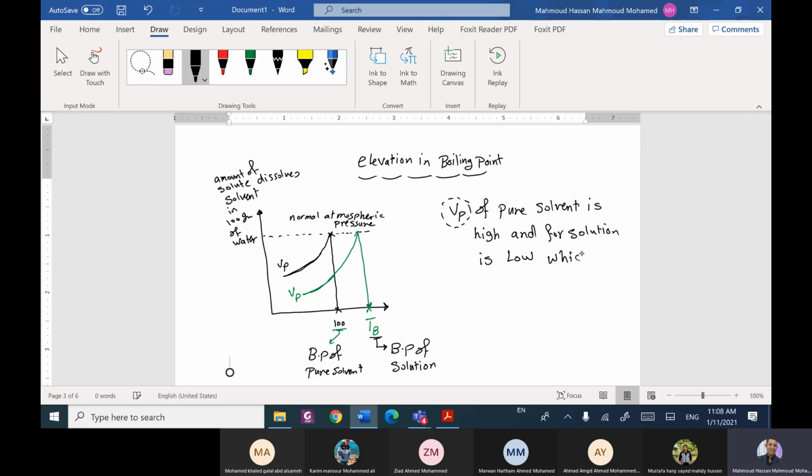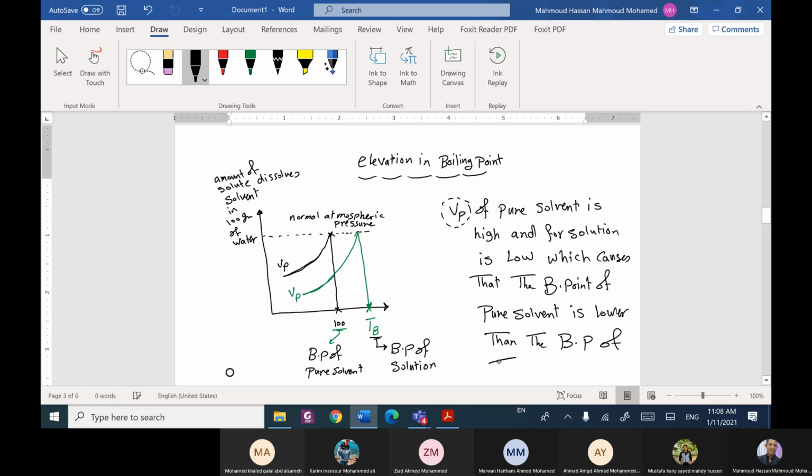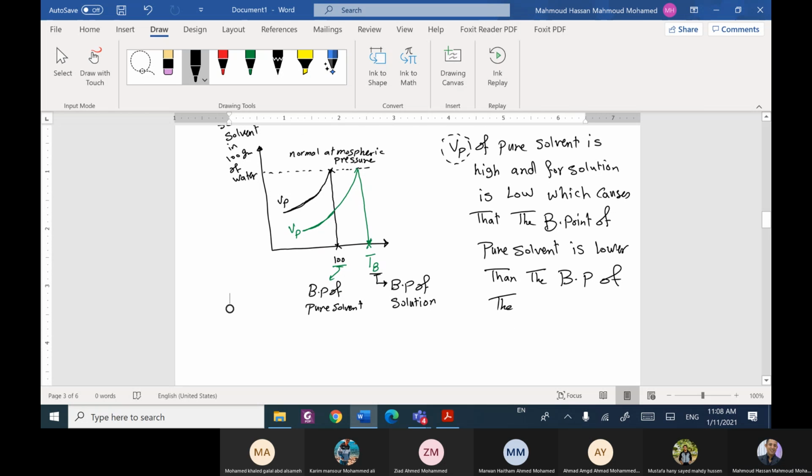Which causes the boiling point of pure solvent to be lower than the boiling point of solution.